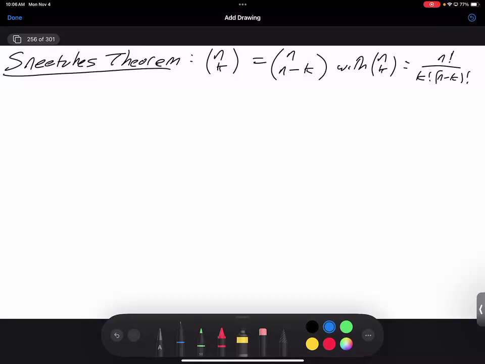Why is 0 factorial 1? It's good notation. n factorial is n times n minus 1, dot dot dot, 3 times 2 times 1, and we normalize, so 0 factorial is 1. There's one way to do nothing. I can't order nothing in multiple ways.